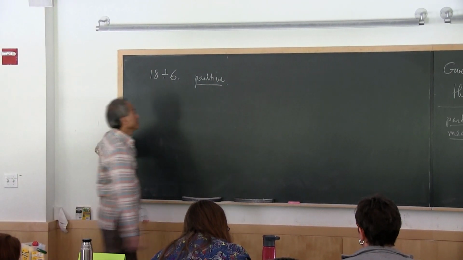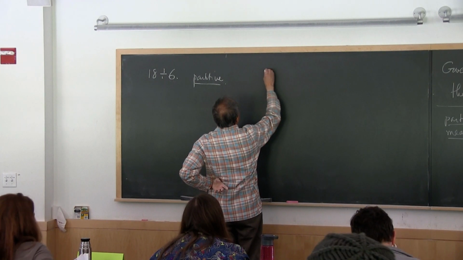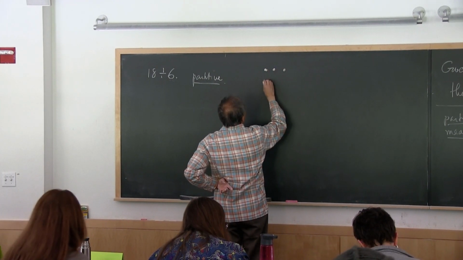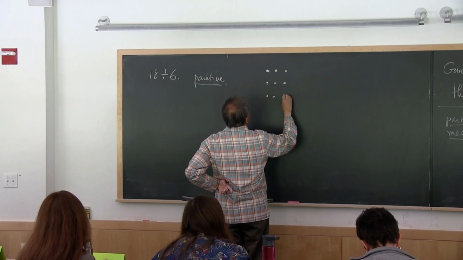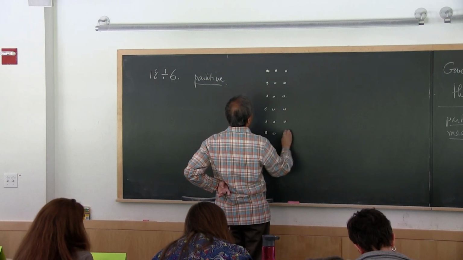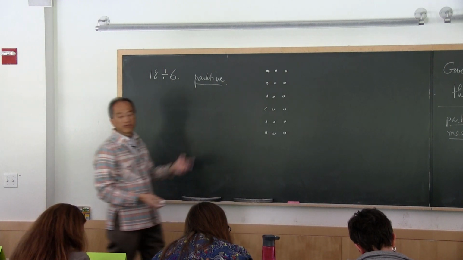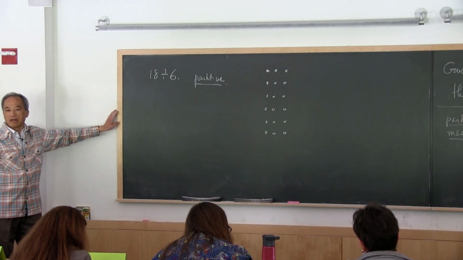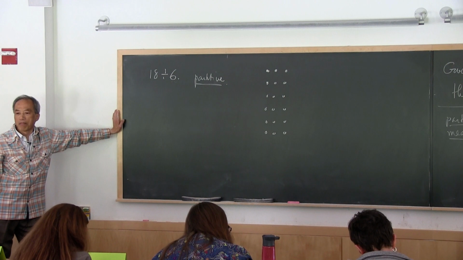That's easy. Okay, you see, right? Here you have 18, and 6 equal groups. And so 3 in each.